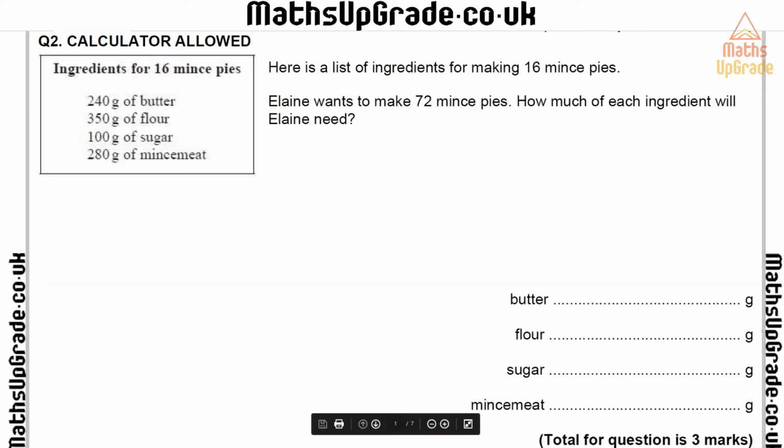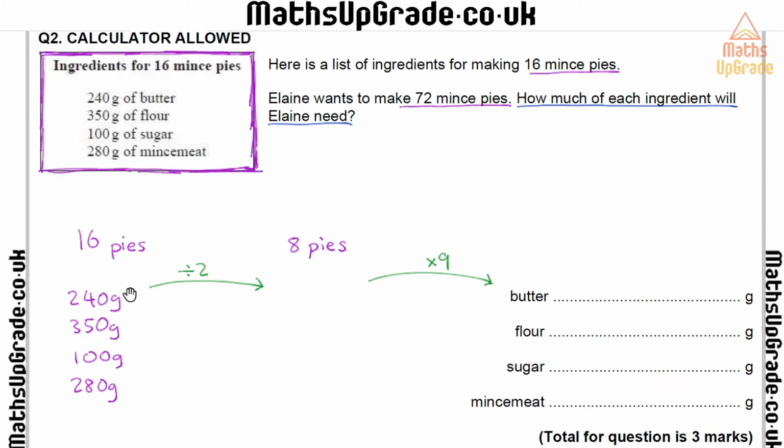And that's 2 marks. In question 2, I'm given the ingredients for 16 mince pies. I'm told that Elaine wants to make 72 mince pies, so I need to work out how much of each ingredient she'll need. So I'm just going to write the list of ingredients for 16 pies here. Then I know that to get to 72 mince pies, I need to find the highest common factor of 16 and 72, and that is 8.